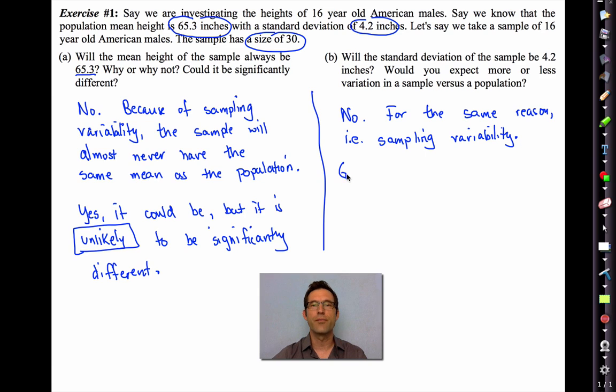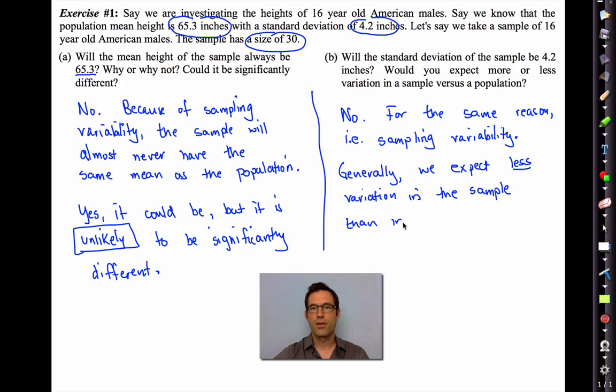Well, generally, we expect less variation in the sample than the population, primarily because it's just smaller.